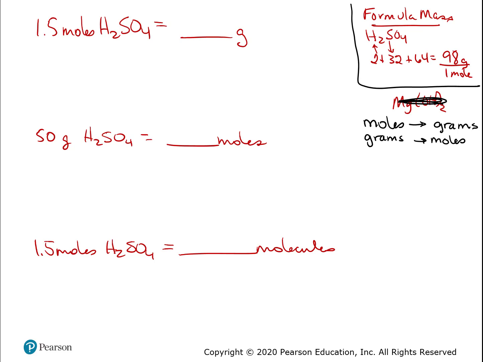Find the formula mass and set it up so your units cancel. The formula mass is going to be grams over moles or moles over grams. If you see moles and molecules or moles and atoms, then you use Avogadro's number.